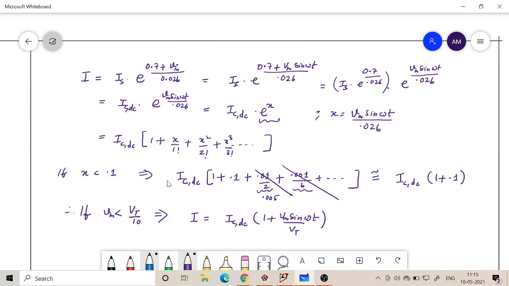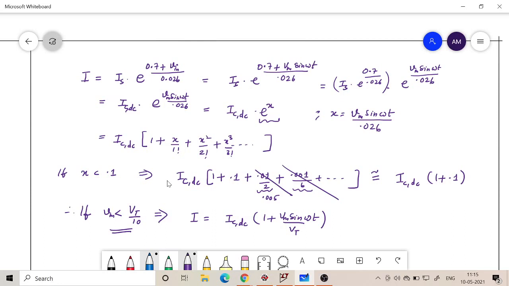This is my x, so I only took 1 plus x. All the higher order terms I am neglecting because they are very small. We don't make much error. If I introduce this term also, it is going to be 0.105. So we are neglecting that 5 in the third decimal place. That is a good approximation provided this condition is met.